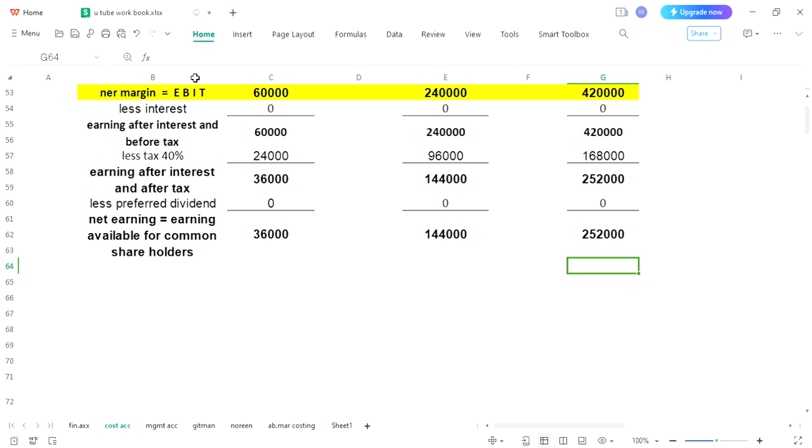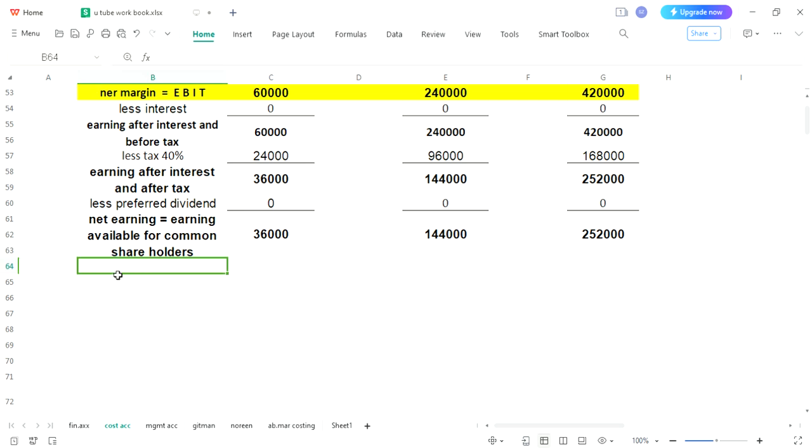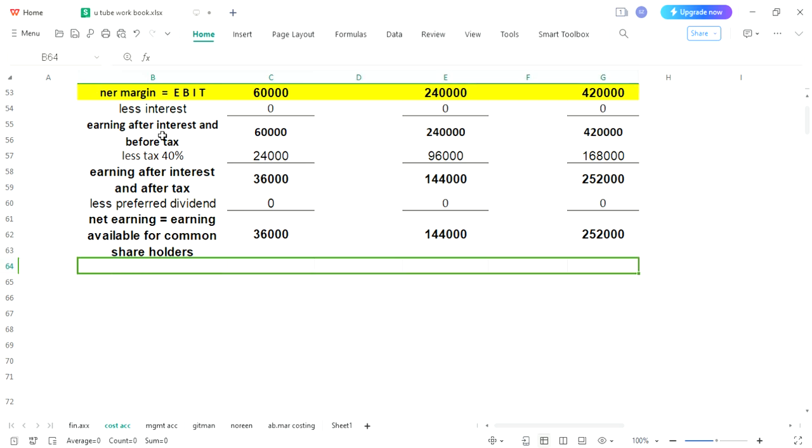So this is an important thing to consider, that we have completed net earning available for common shareholders for the first part. Over here, we now need to calculate our EPS. Common shareholder earning is available, and how do we calculate? Let's mark it that this part has been completed, and we are now going to calculate earning per share.